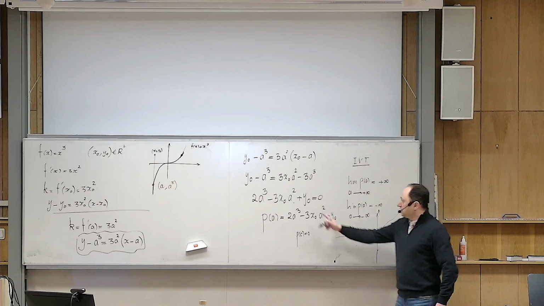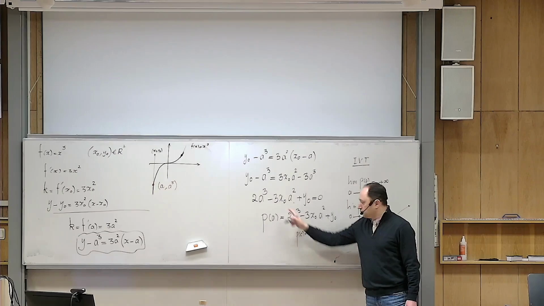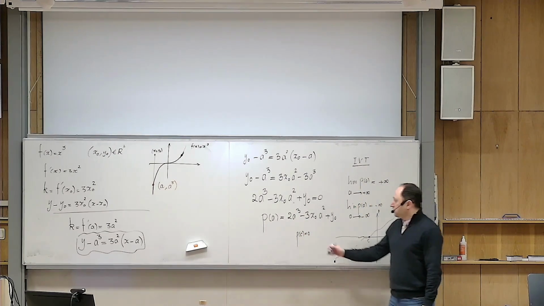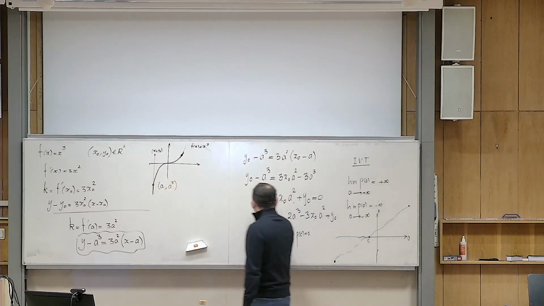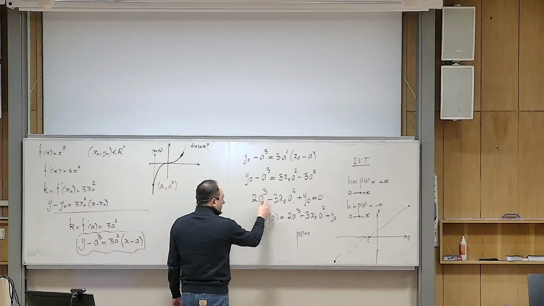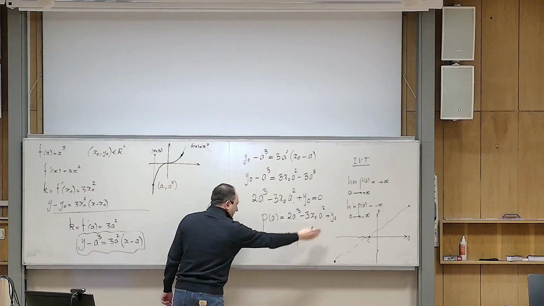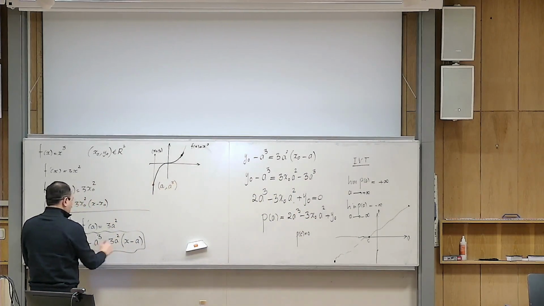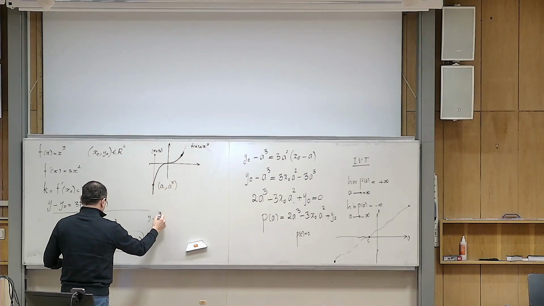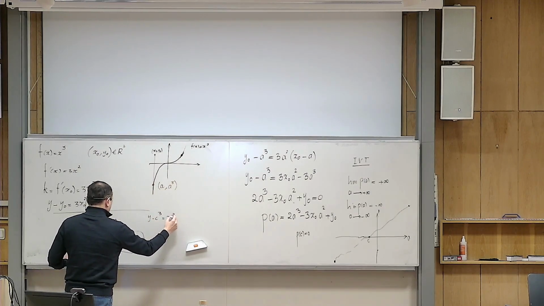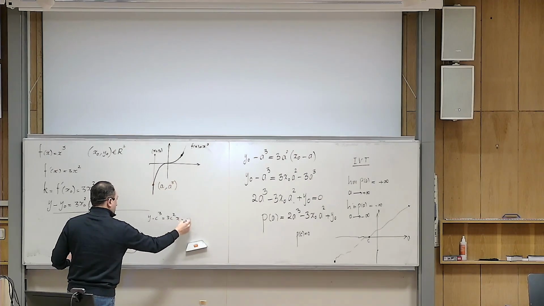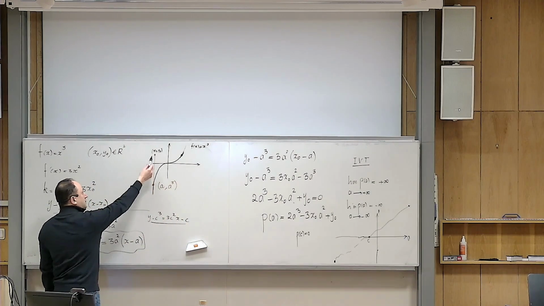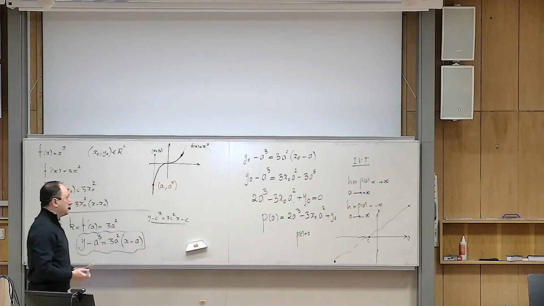So this equation has at least one root, and that root is C. I take that C back with me and put it here: y minus C cubed is equal to 3C squared times x minus C. And that would be the equation of that tangent line that passes through that point.